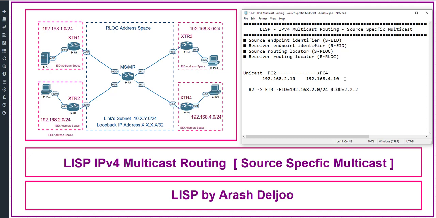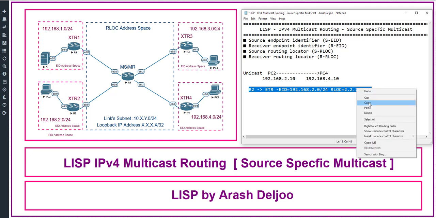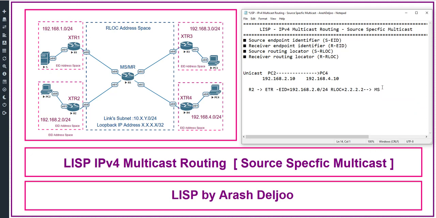Assume that this is quad 2, for example. And now in R5, which means in the MS, we have this information. Also, besides this, we need another mapping from router 4. Router 4 should advertise the EID 192.168.40/24 with the RLOC, for example, quad 4.